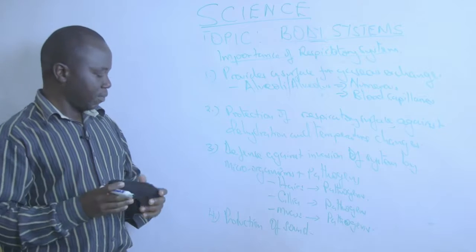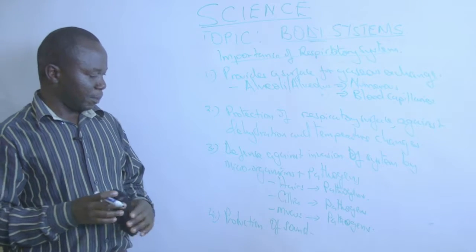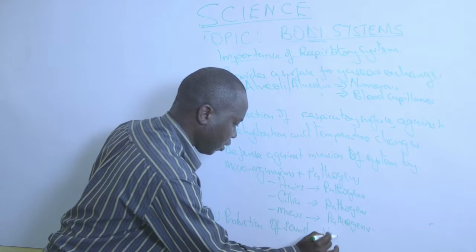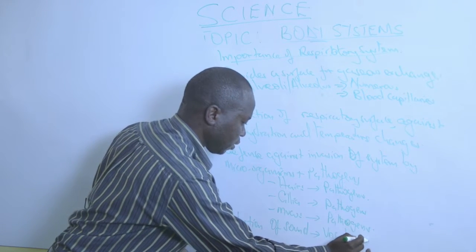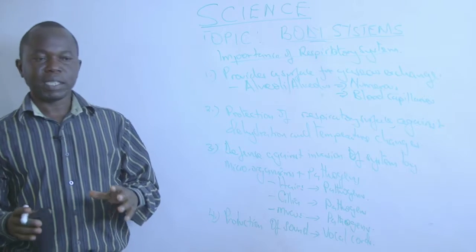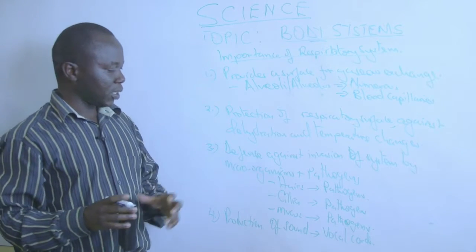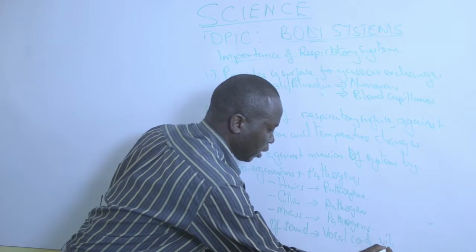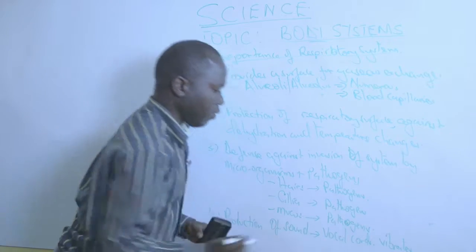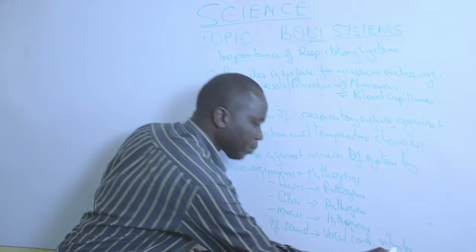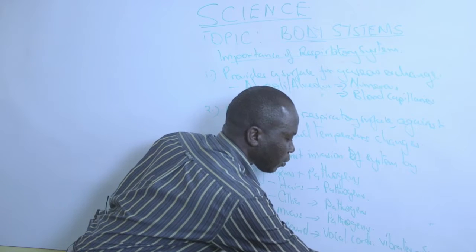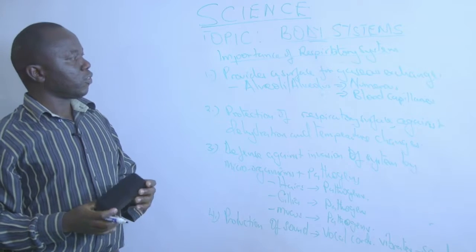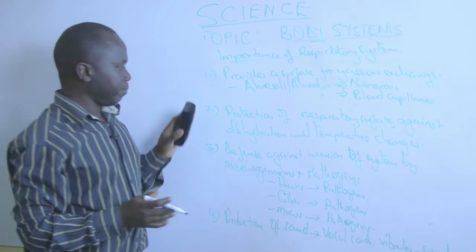You look at the diagram, we are able to label a part called the vocal cords. Vocal cords, we said, are folds of membranous tissue which vibrate. The edges of the vocal cords vibrate, and in the process produce sound. So these are the major functions of a respiratory system.